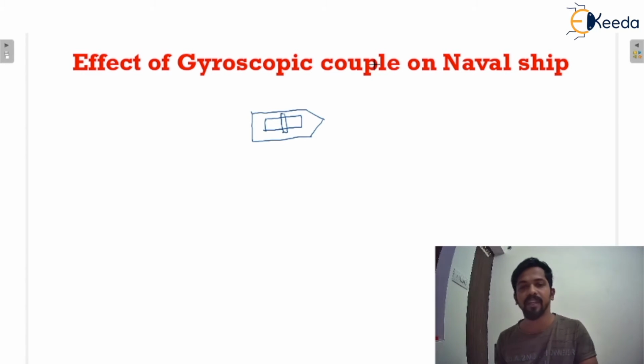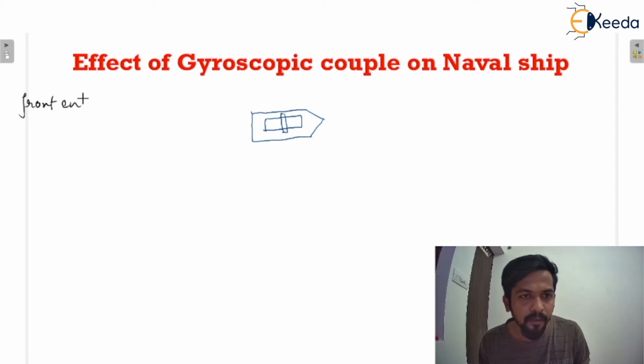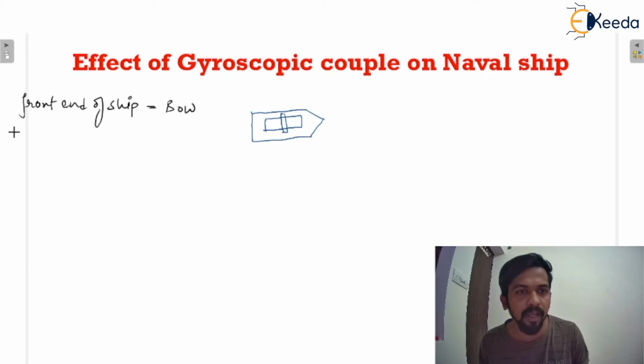So this is a rough diagram of the ship. Basically we need to understand the rear end and the front end of the ship. The front end of the ship is known as bow. And the rear end of the ship is basically stern.